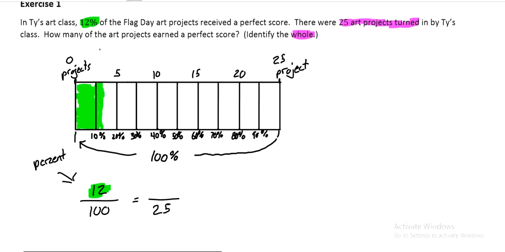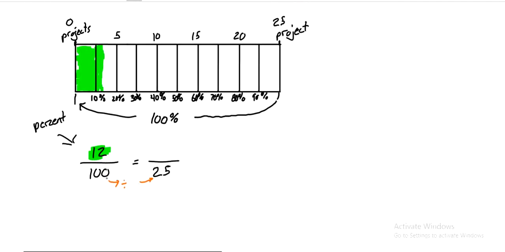Here's what I can do, though. I can figure out how I went from 100 to 25. In this case, I would have had to use division because I'm going down from 100 to 25. The easiest way to get there is through division. I know it's 4. You could have done 100 divided by 25, and you would have gotten 4.